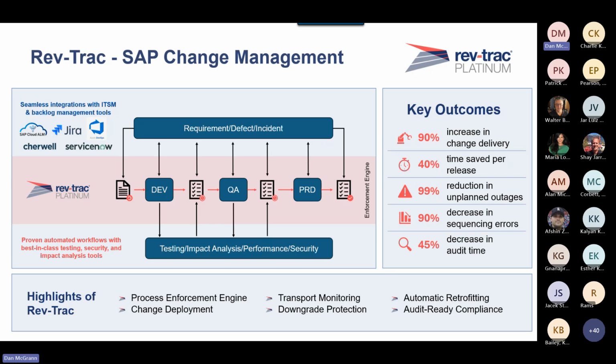We can handle simple to complex types of environments. What we're depicting here is a very simple dev quality prod, but of course we can handle much more N+1 or multiple qualities type systems, no issues there. We have integrations, including with COM, with Cloud Application Lifecycle Manager, with Jira, ServiceNow, Azure DevOps, in case you need to integrate it with those other tools to pass this information in a secure bidirectional way.